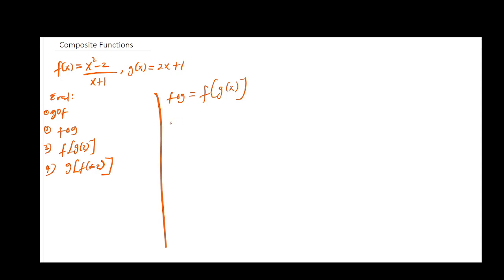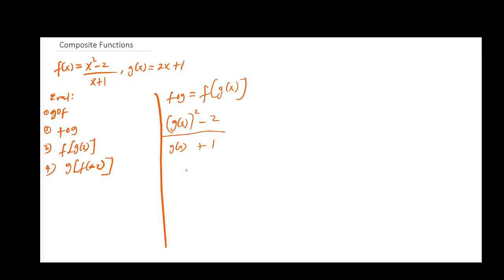So we are going to have g of x squared, minus 2 all over g of x plus 1.